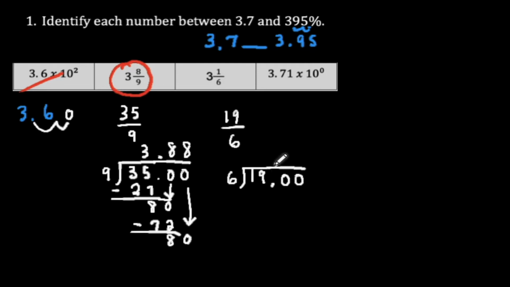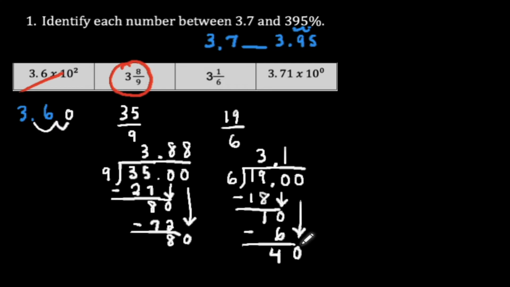Bring up the decimal point. 6 goes into 19 3 times without going over. This becomes 1. 6 doesn't go into 1, but 6 does go into 10. How many times without going over? And that is once. This is 4. Bring down the 0. 6 goes into 40 without going over 6 times. And so we'll leave this as 3.16.